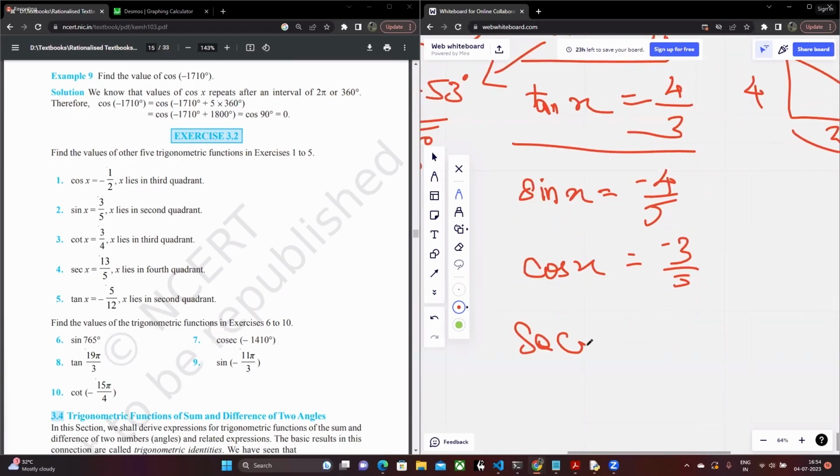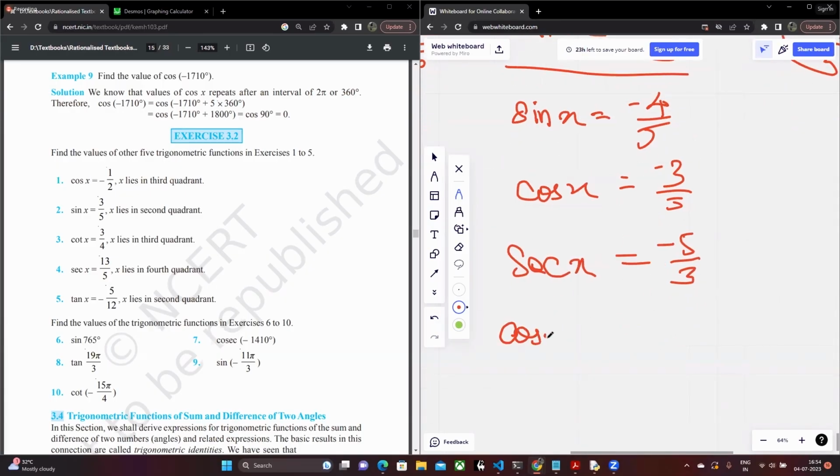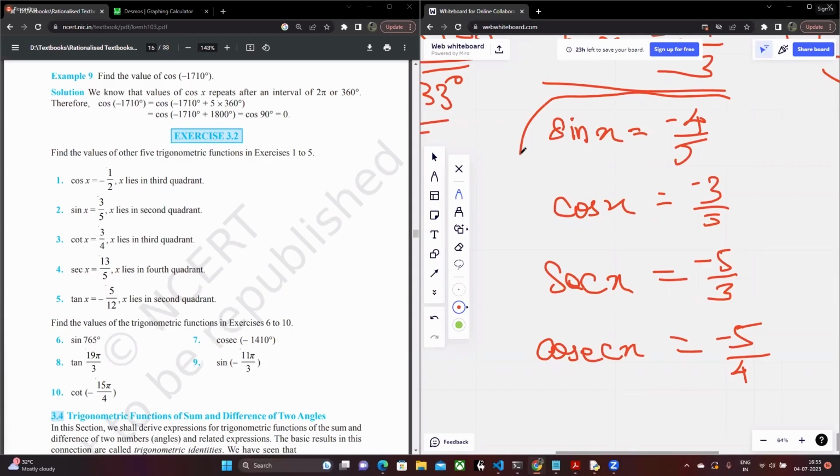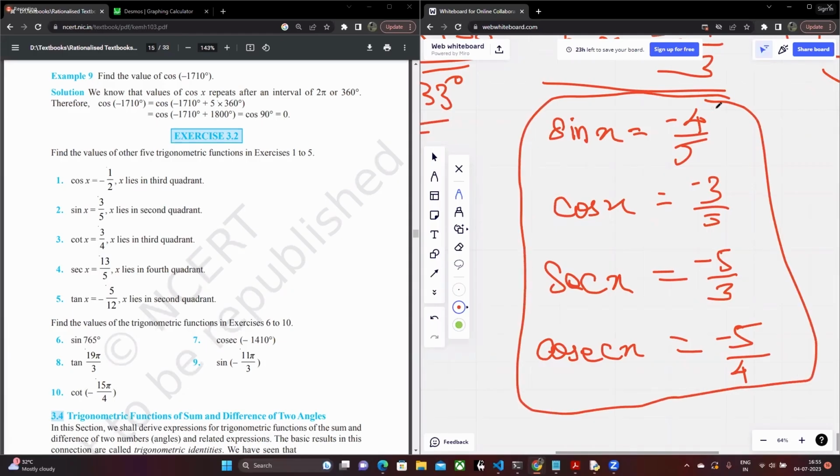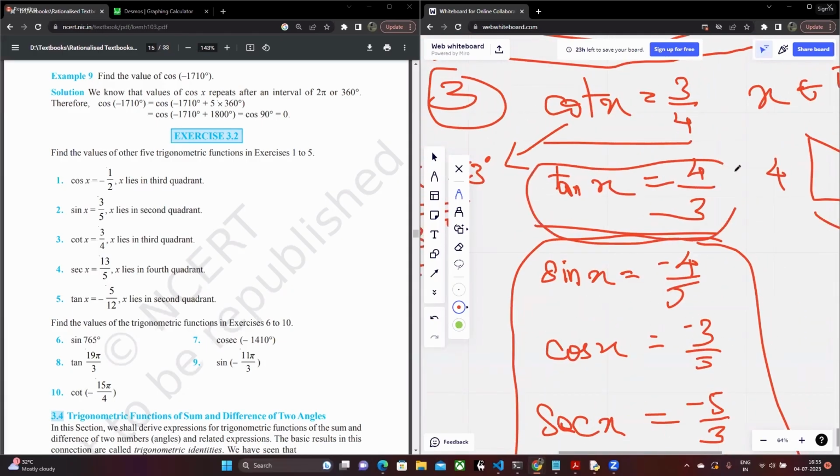Secant x is going to be equal to minus 5/3, and cosecant x is going to be equal to minus 5/4. Finally, you have tan x being 4/3.